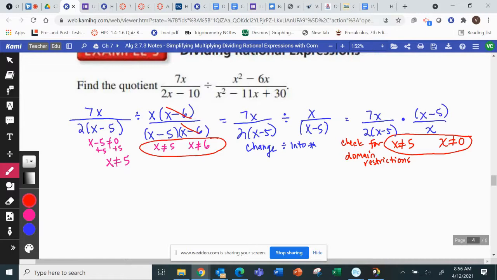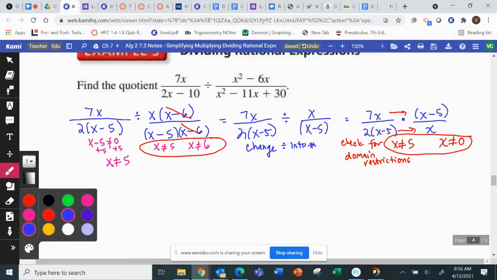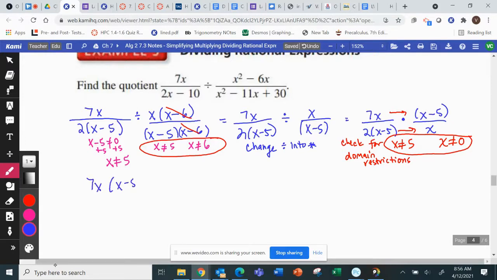Straight across. Multiply straight across. And so my next step is going to look like 7x times x minus 5 over 2x times x minus 5. Okay, multiply straight across.